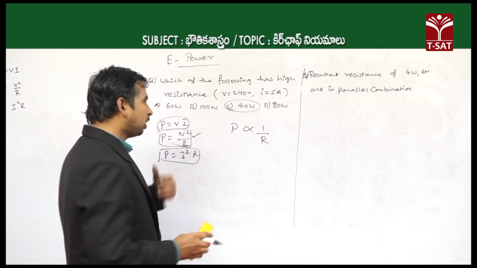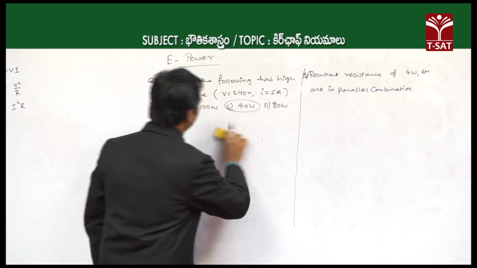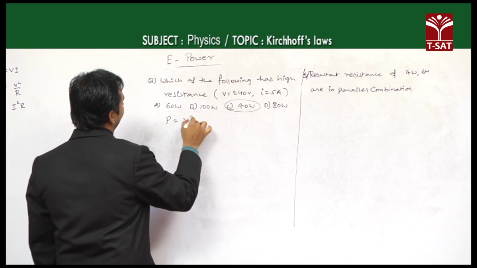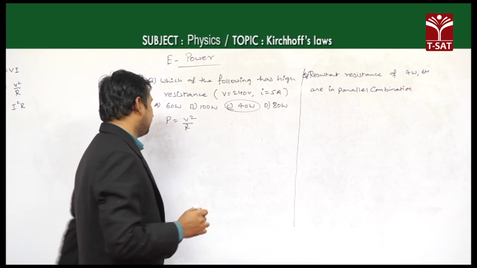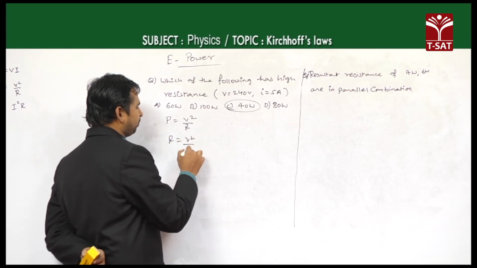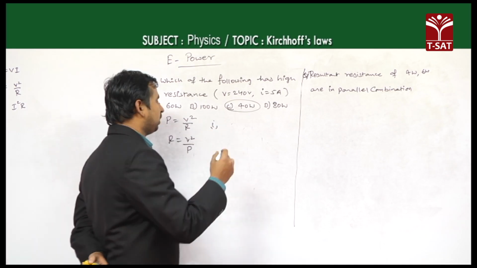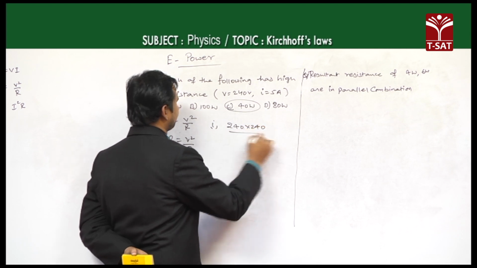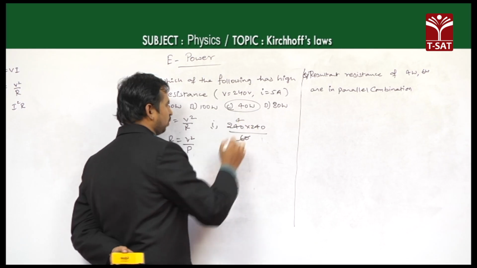Or if you want to find out the resistance in each case, as P is equal to V square by R, then R is equal to V square by P. For the first one, it is 240 square by 60, which is 4 times 240.